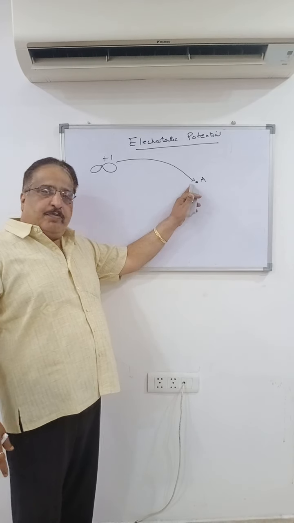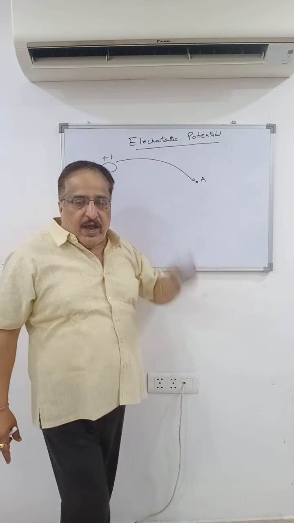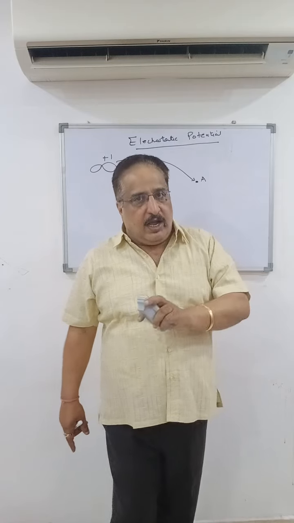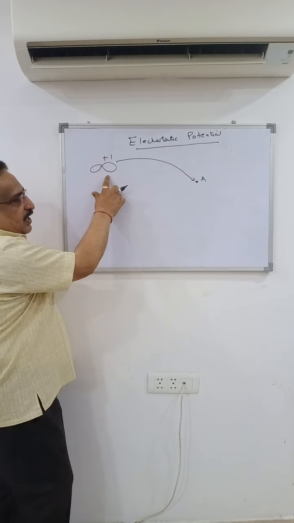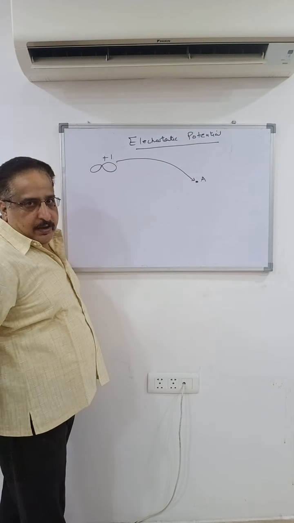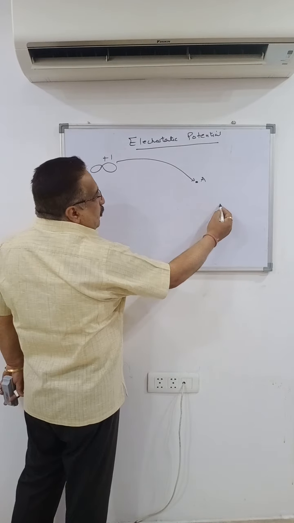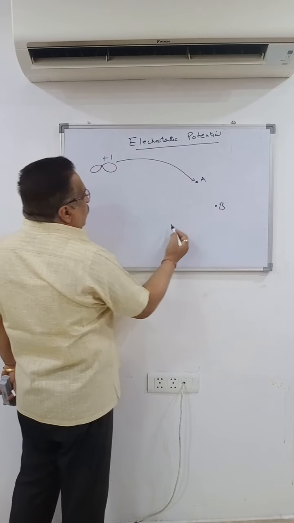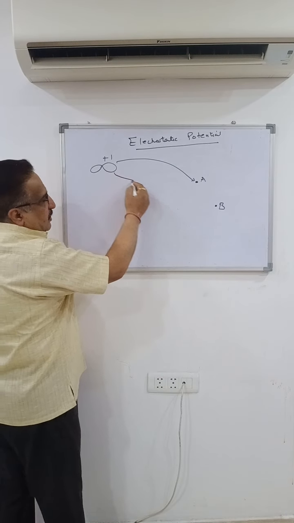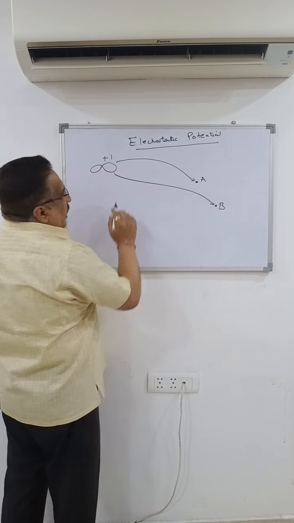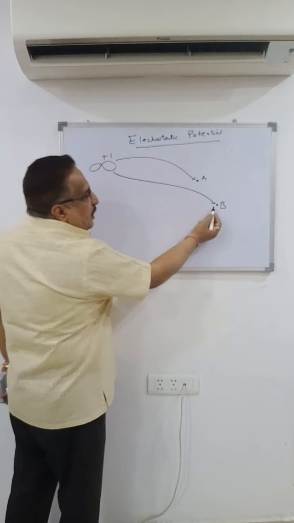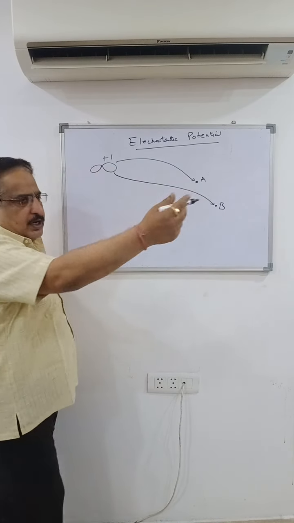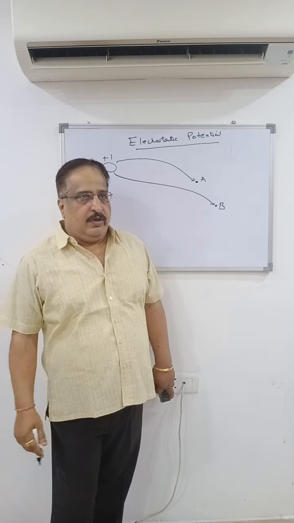Electrostatic potential at point A can be defined as the work done in moving a unit positive charge from infinity to that point A. What will be electrostatic potential at point B? It can be defined as the work done in moving a unit positive charge to point B, in the same way to point C, D, E and F.